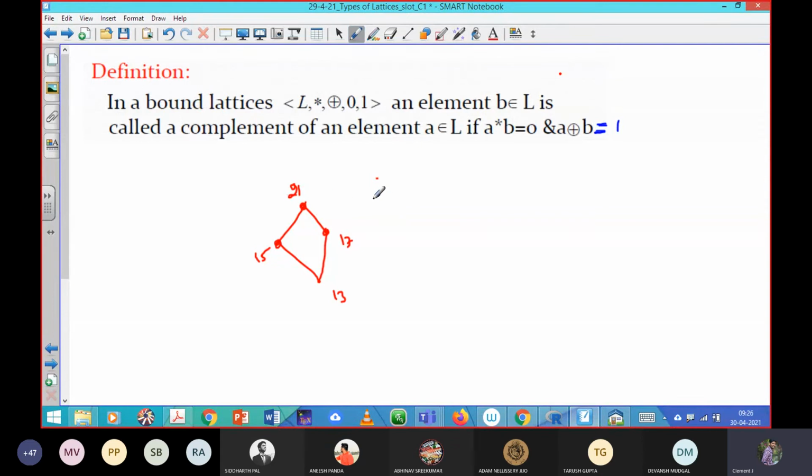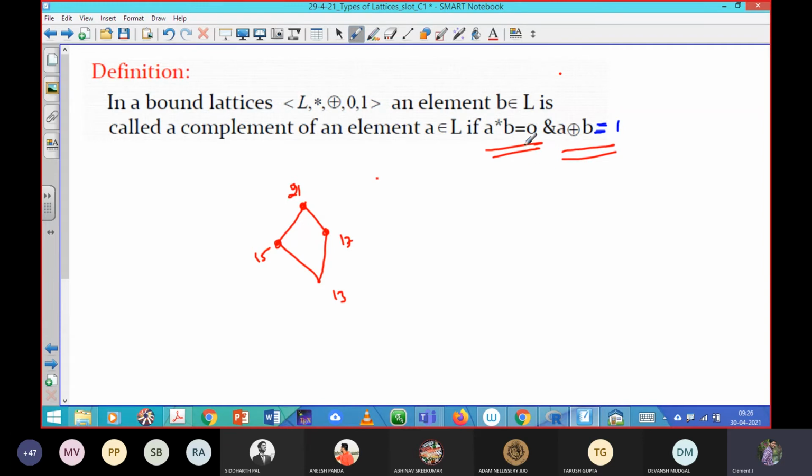Some numbers. If I am going to determine the complement of one element, it has to satisfy two conditions. Those conditions are a star b equal to 0, and a plus b equal to 1.